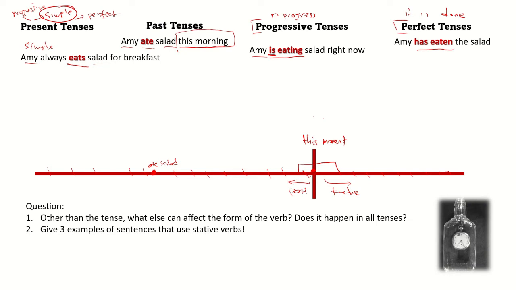Amy was eating salad this morning when I arrived at her house. Alright, so what does it mean? Like I said before, the tenses can come in the progressive, simple, or in the perfect form, whether it is in the present tenses or in the past tenses.